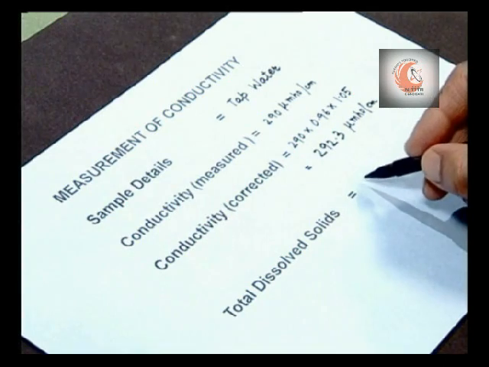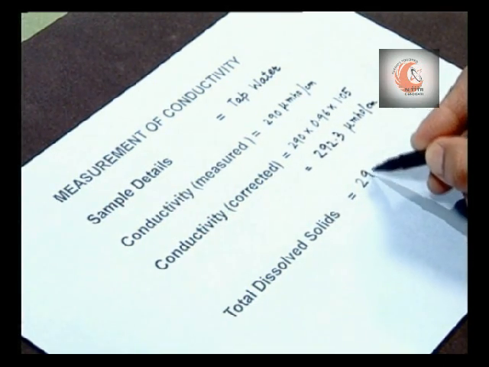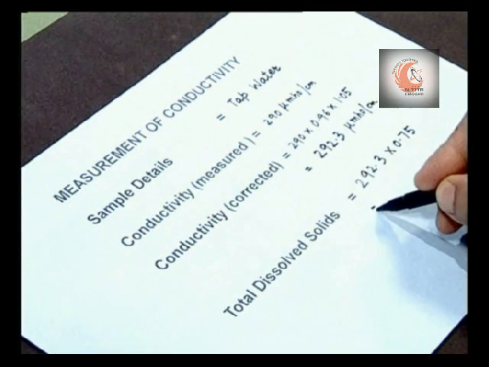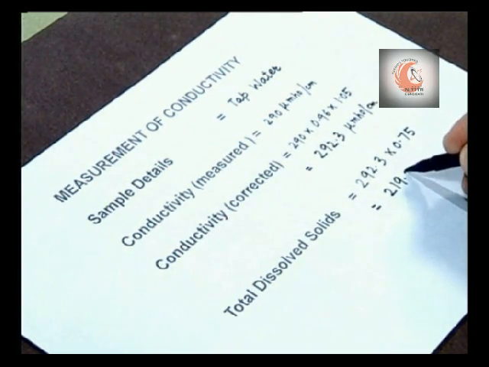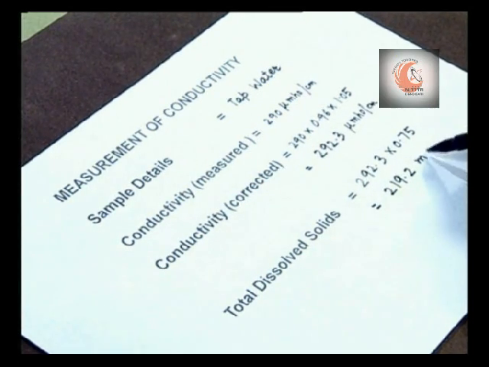For this sample, the corrected conductivity is 292.3 micromhos per centimeter. To get total dissolved solids, we multiply this value by an average factor, say 0.75, and get the value of total dissolved solids in mg per liter.